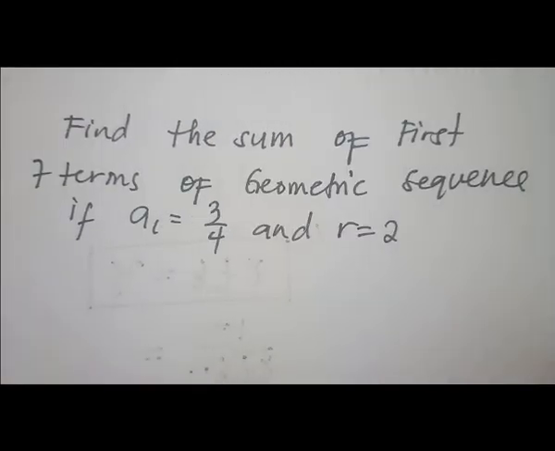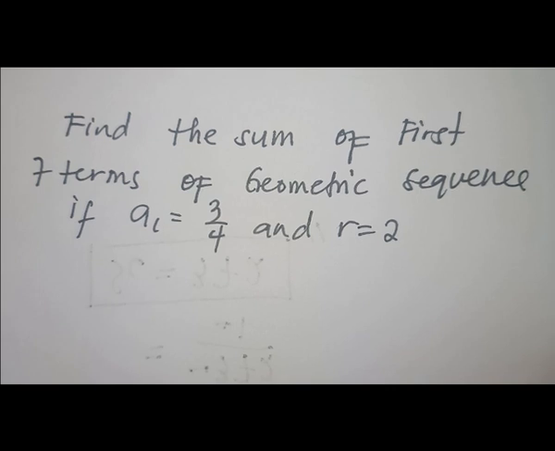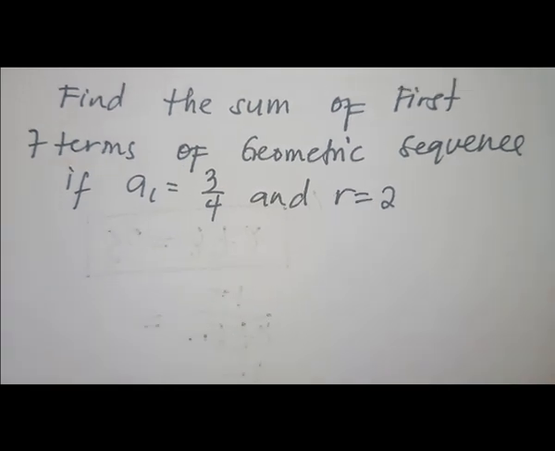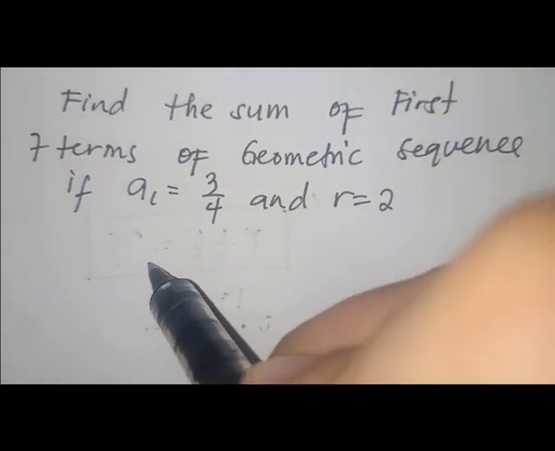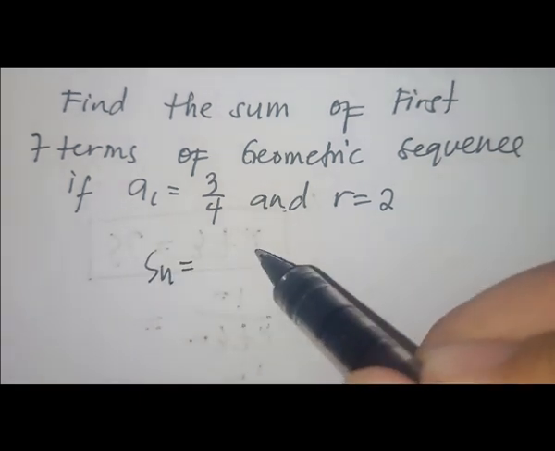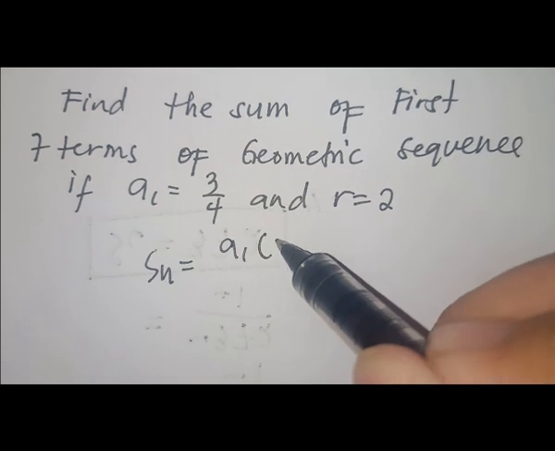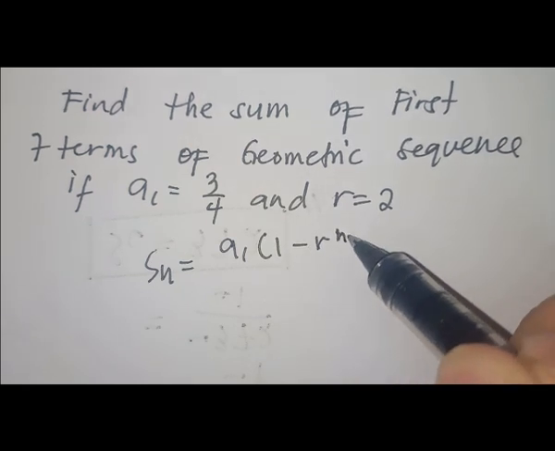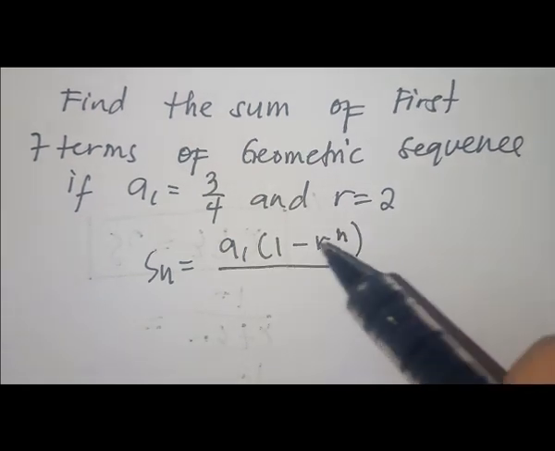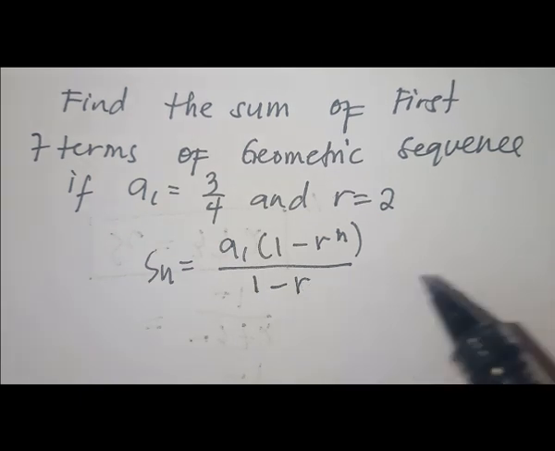Okay, another example. Find the sum of the first 7 terms of a geometric sequence if a sub 1, or the first term, is 3/4 and its common ratio is 2. Again, let us use the formula: S sub n is equal to a sub 1 times 1 minus r raised to n, divided by 1 minus r.